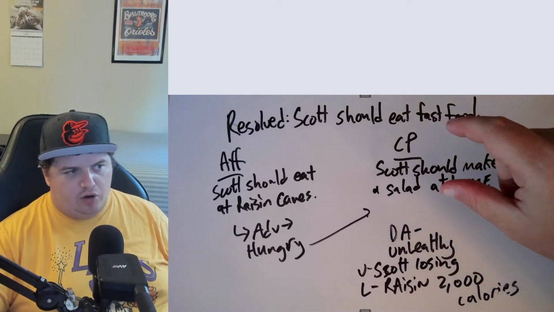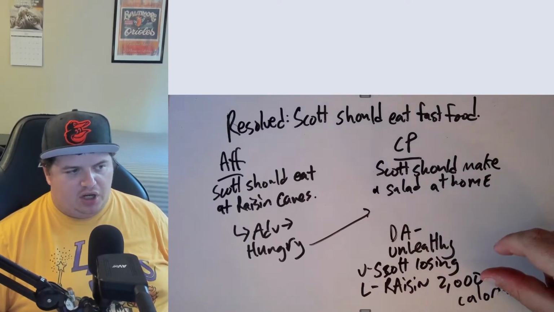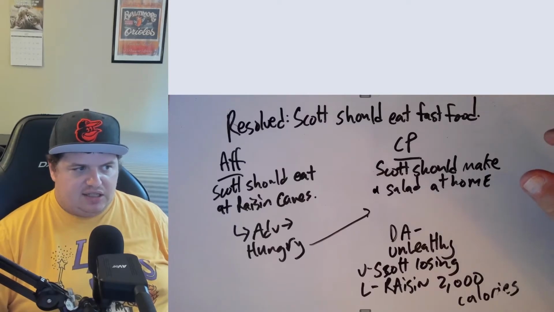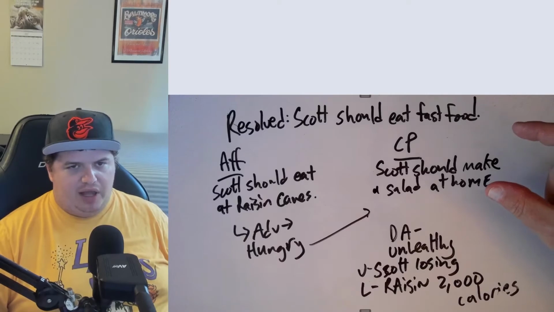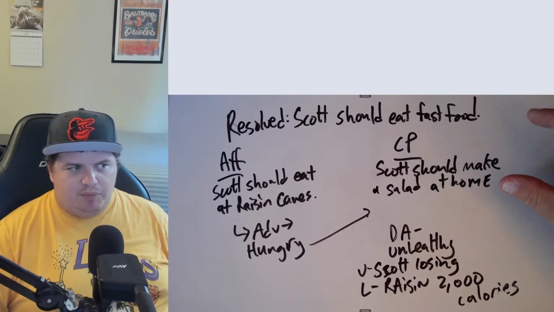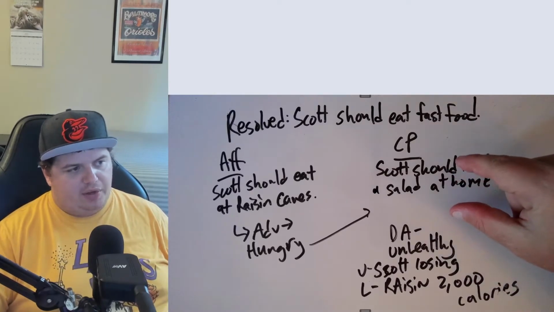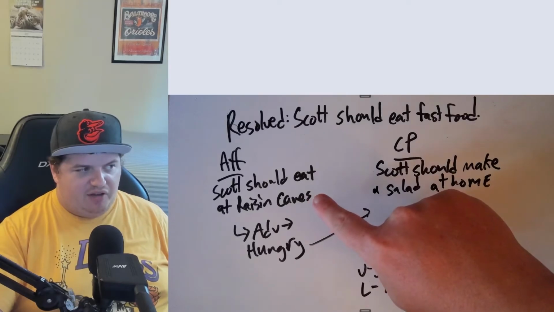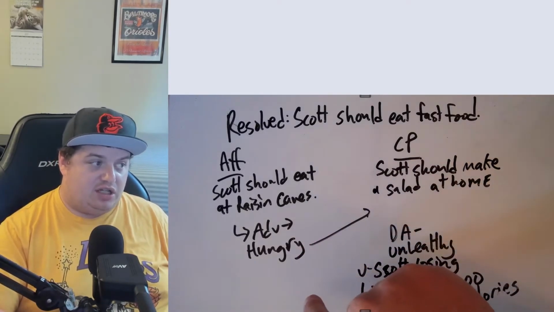Therefore, the counterplan would be more preferable to the permutation in the debate. In that instance, since it links and the counterplan does not, we have proven that the counterplan is competitive because there is a disadvantage that the counterplan does not link to, that the affirmative and the permutation links to.